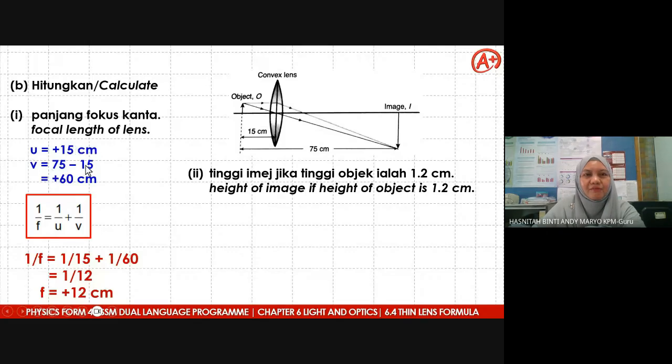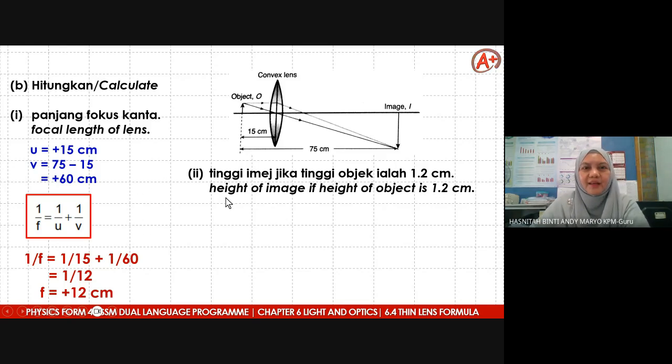V is 75 minus 15, which is 60 centimeter. So 1 over f equals 1 over 15 plus 1 over 60. It will give you f of 12 centimeter. So our focal length is 12 centimeter.